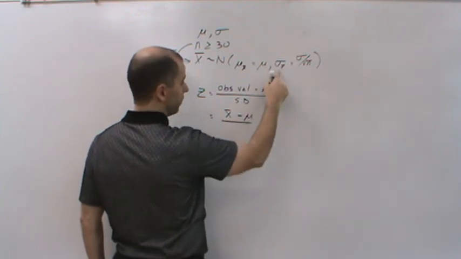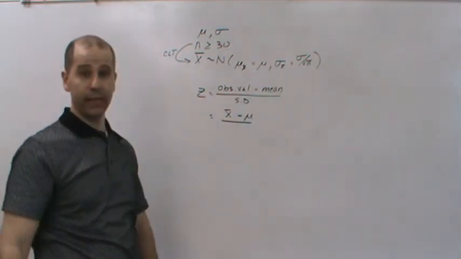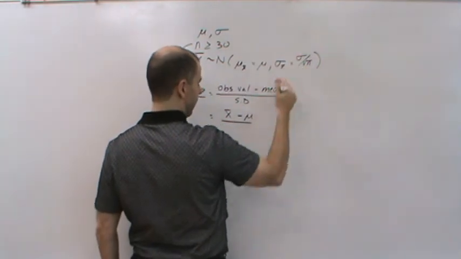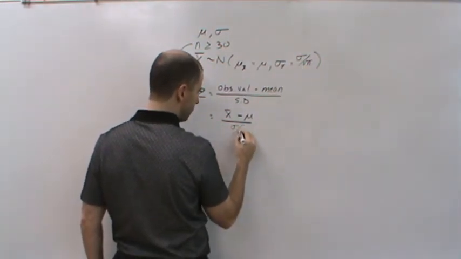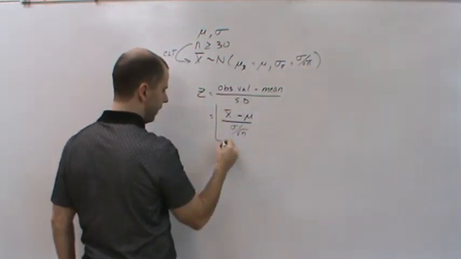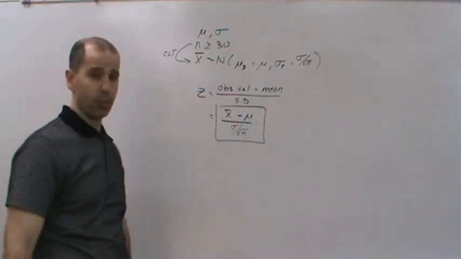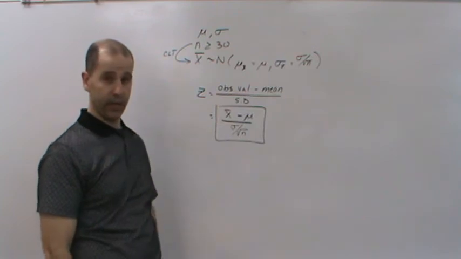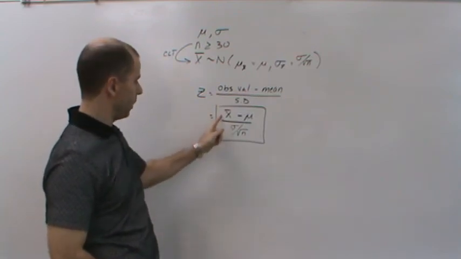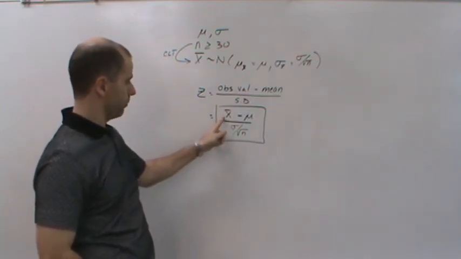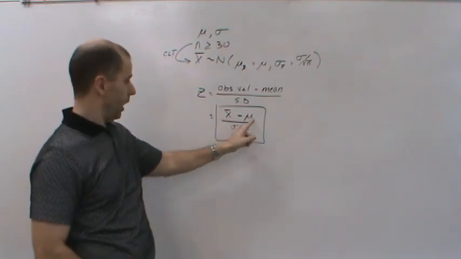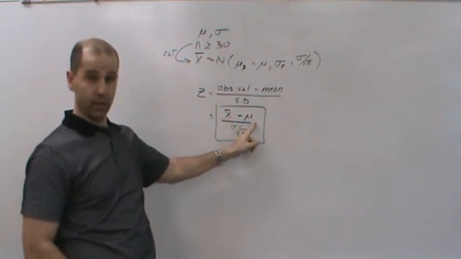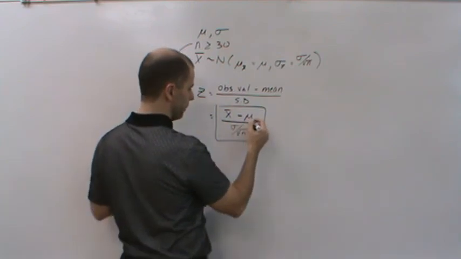What's the standard deviation? It's the standard error of the mean, which is sigma divided by the square root of n. So now our z-score formula becomes this. Again, just remember the form: observed value minus the mean divided by the standard deviation. All we're doing is now our observed value is x bar, a sample mean. Our mean doesn't change. It's still mu.